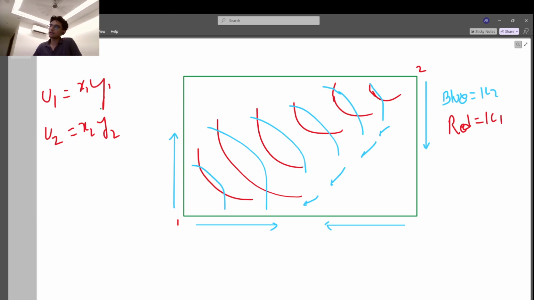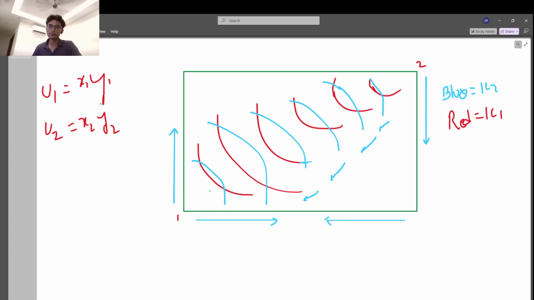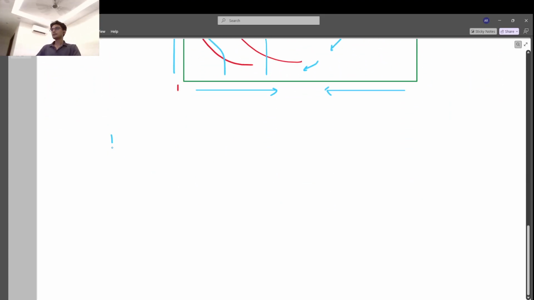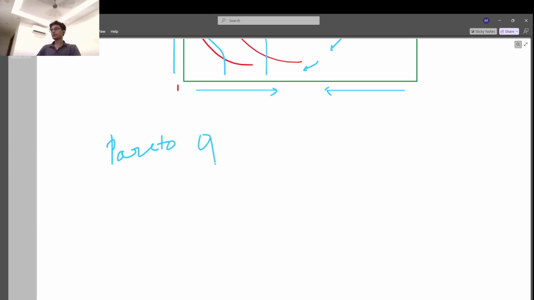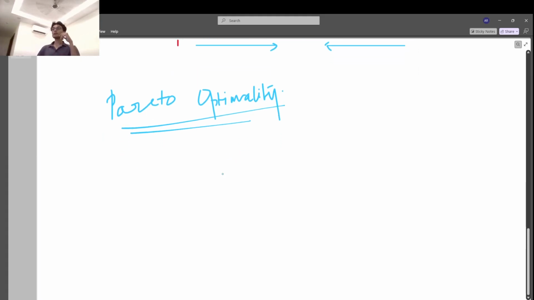Now let's say we have an allocation. First let us establish the concept of Pareto optimal. So what is Pareto optimal?